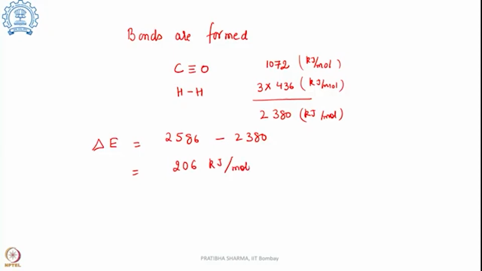If we remember, this was the value we have seen in the SMR reaction, and this corresponds to the energy change. Since this is positive in sign, it means the SMR reaction is an endothermic reaction, and energy is required in the process. So, this is a very simple problem which we have seen.